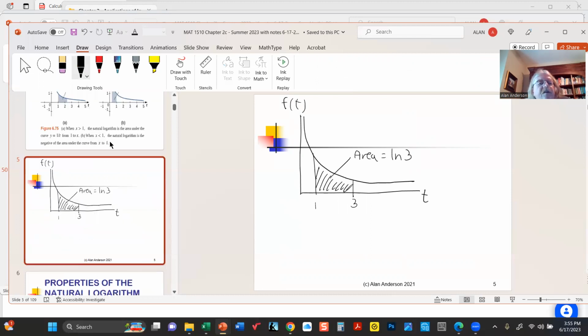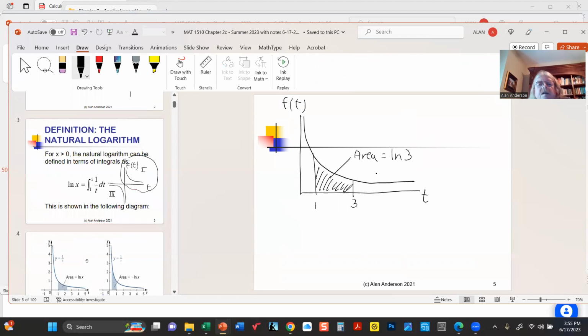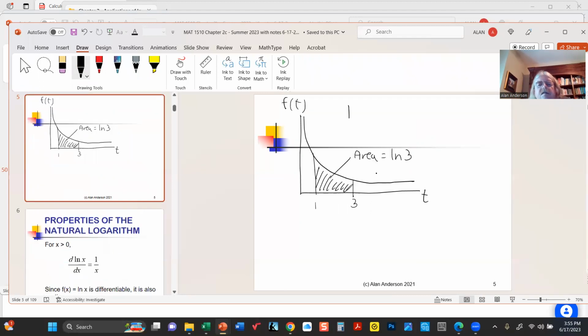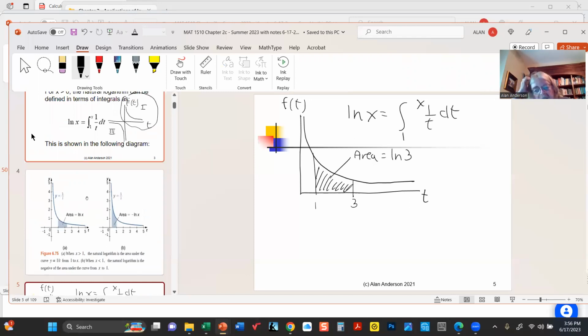So the formal definition is this. Log x, okay. So imagine that I'd chosen 3.